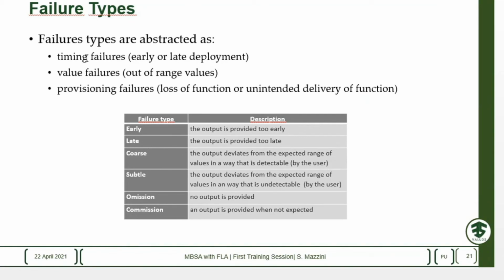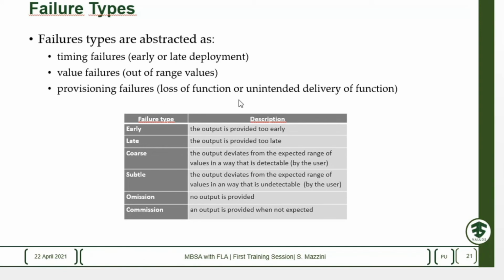The failures are divided in three types: timing failures, for instance early or late delivery; value failures, that means out of range values; or provisioning failures, for instance loss of function or uninterpreted delivery of function.